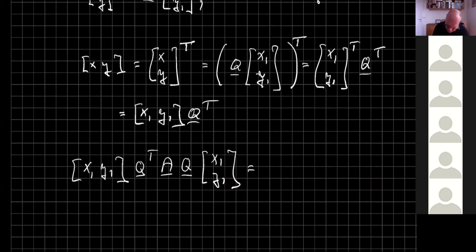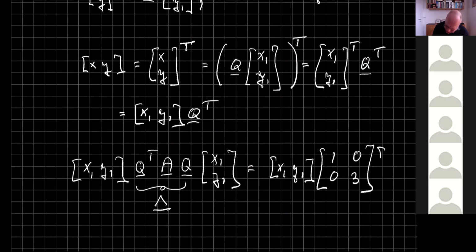And remember, this matrix here is equal to the lambda matrix. So you get x1, y1, and then you have 1, 0, 0, 3, and then x1, y1.